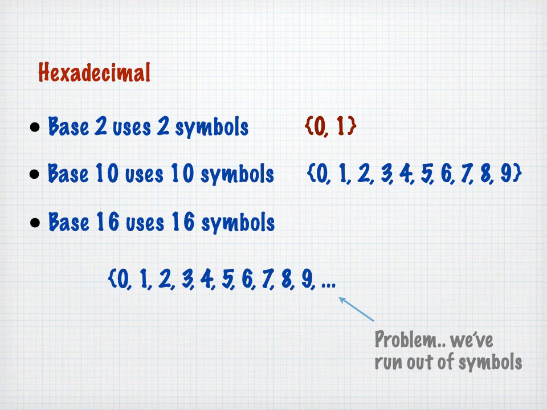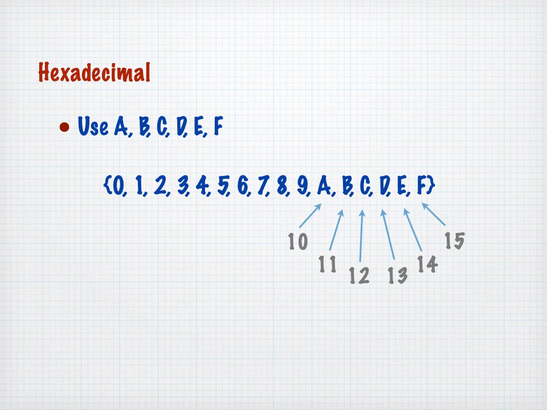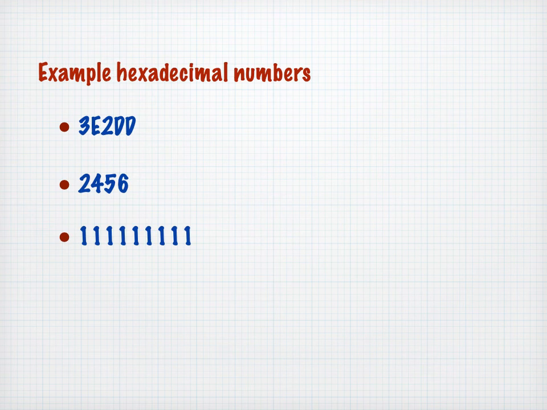So what we'll do is we'll steal some symbols from the alphabet. We'll use the letters A, B, C, D, E, and F for the numbers 10 through to 15. So here are some example hexadecimal numbers. They look like this. So sometimes they've got letters in and sometimes they don't.